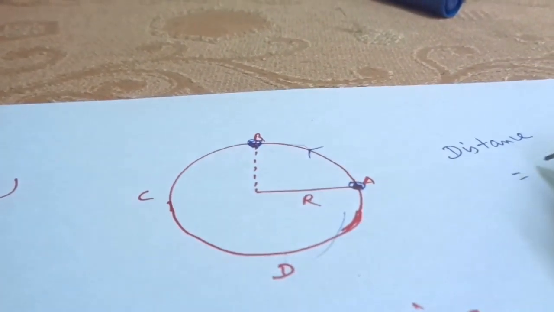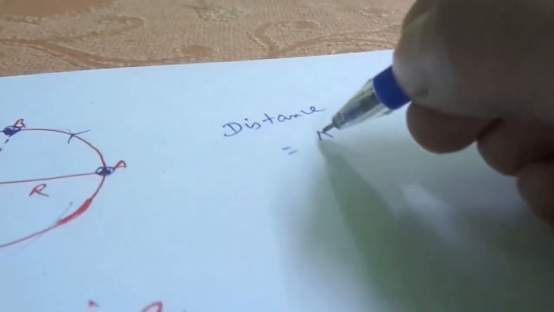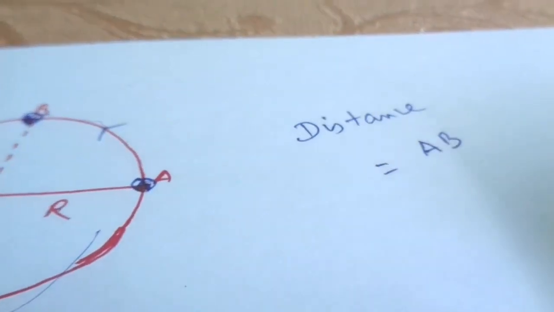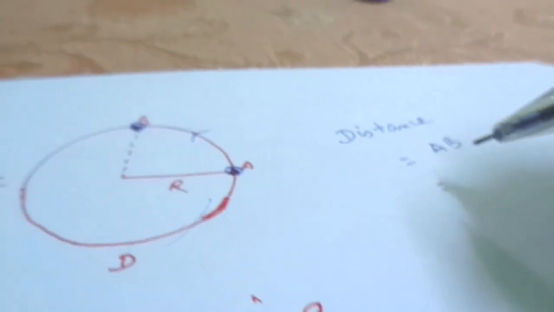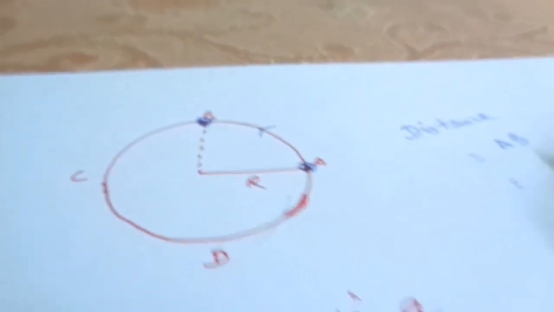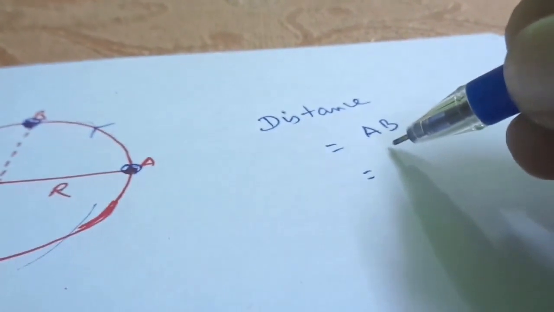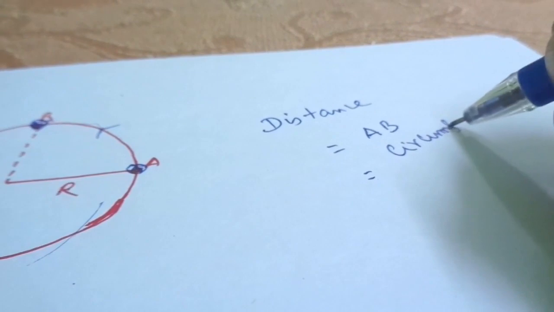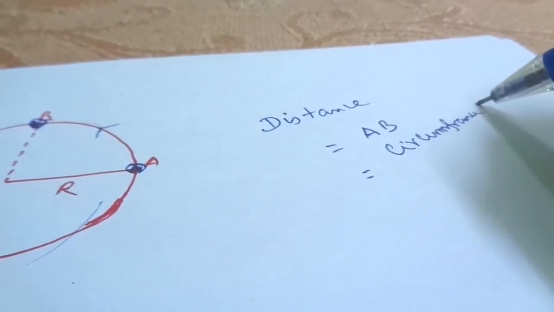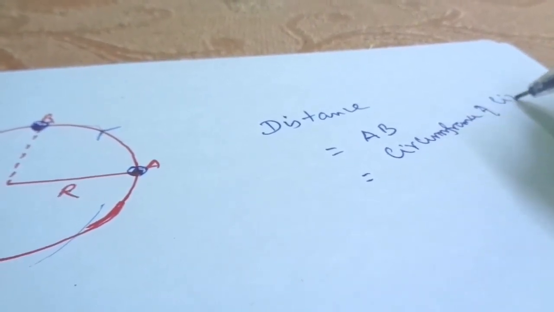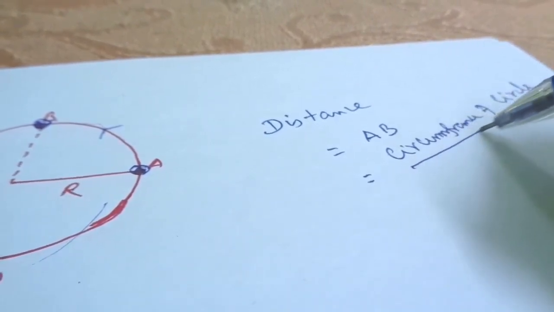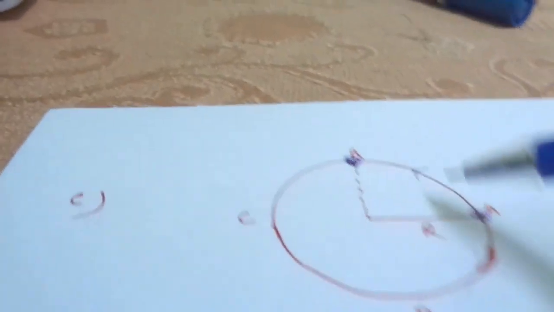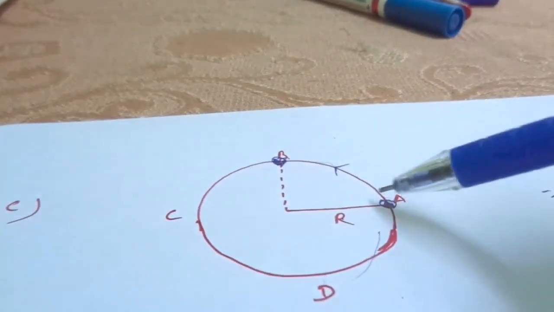That is, AB is the distance. What is AB? That is the circumference of the circle divided by 4, isn't it? 1/4 of this value. The whole circle is the circumference.